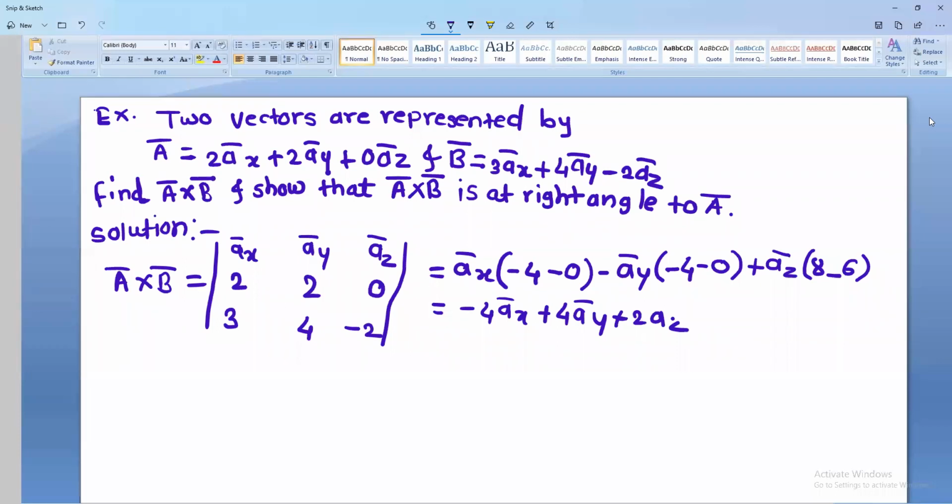If we take the cross product, there is the unit vector a bar n, the normal unit vector, right? The dot product is simple. So what is asked? Show that a bar cross b bar is at right angle to a bar.